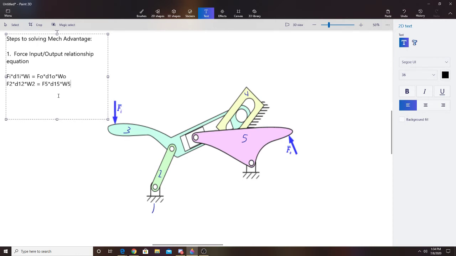Okay. So does everybody see where these equations come from? Remember, we just did this in the last part of this, right?